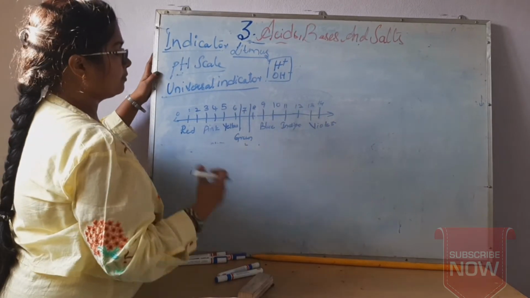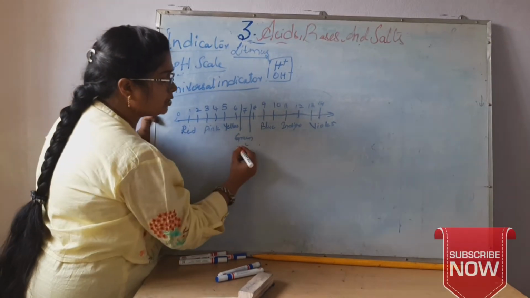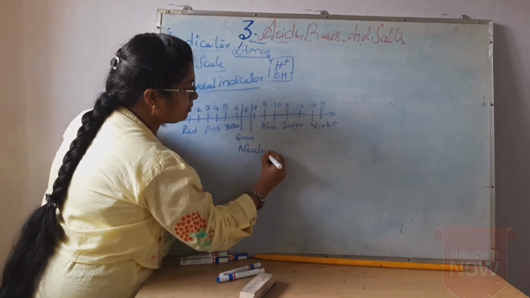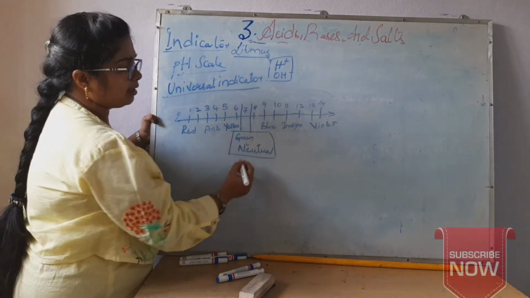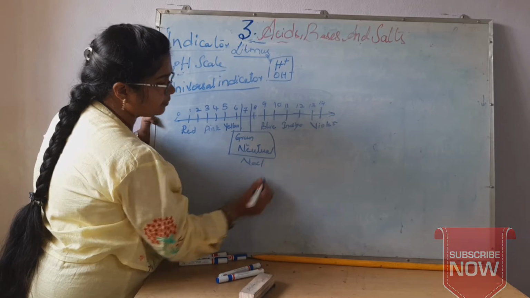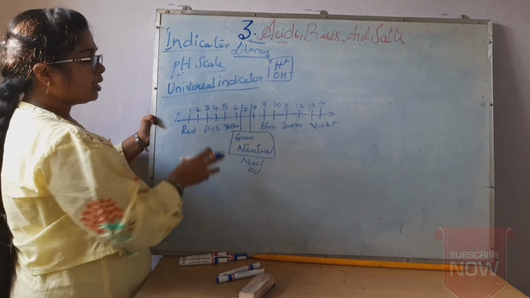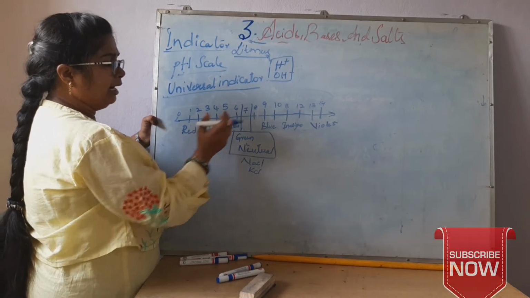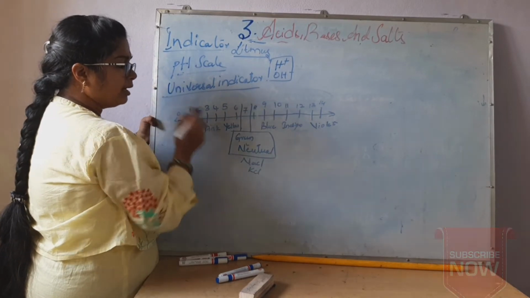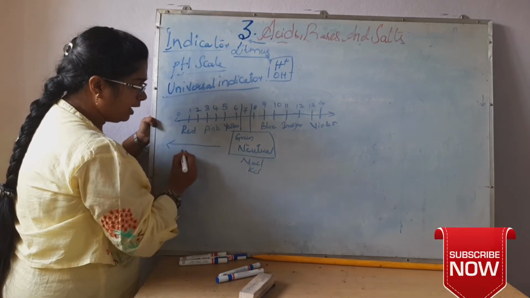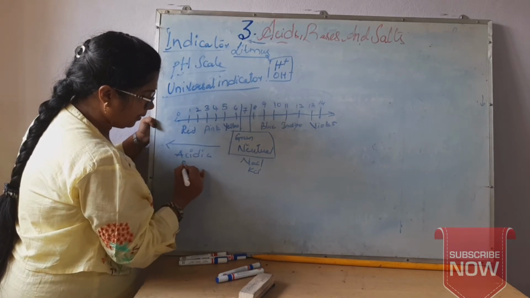Now see, 7 is neutral, green color it will be. All the salts, NaCl, KCl, you can say they are neutral. When you go to the left side, there will be an increase of acidic property.